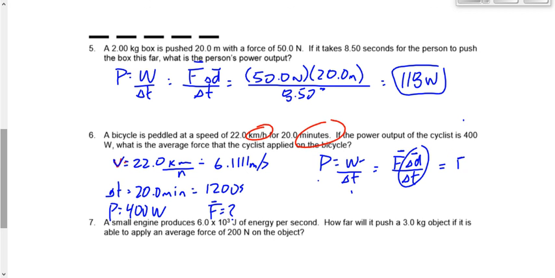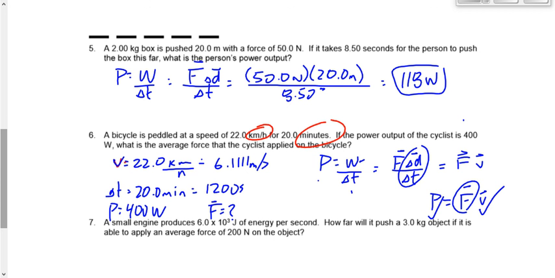So isn't power going to be equal to F times velocity? So if I've got the power and I've got the velocity at 6.11, can't I just find the force without even worrying about the displacement? Does that make sense? I'm doing the same thing as Danny was doing there. I'm just doing it together in one step, and that ends up saving a little bit of time. But that's kind of a tricky thing to come across.